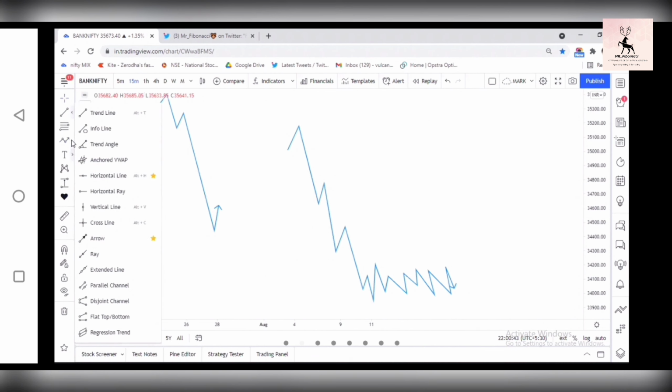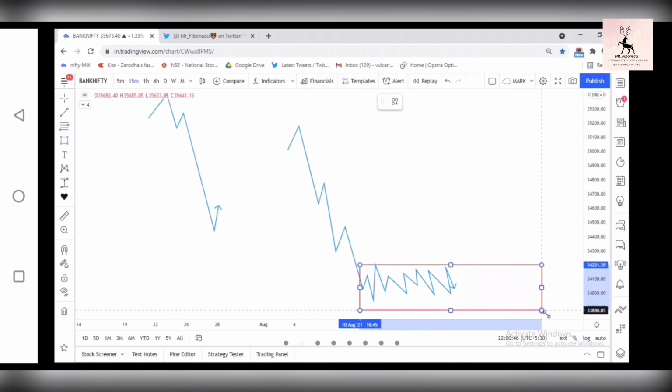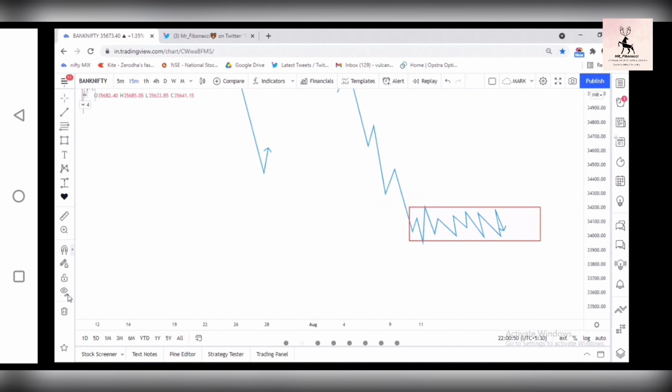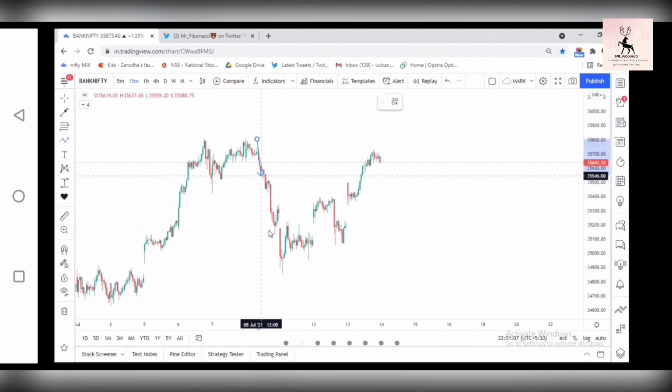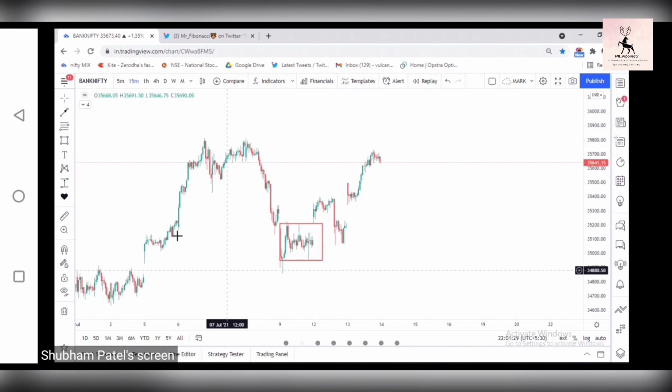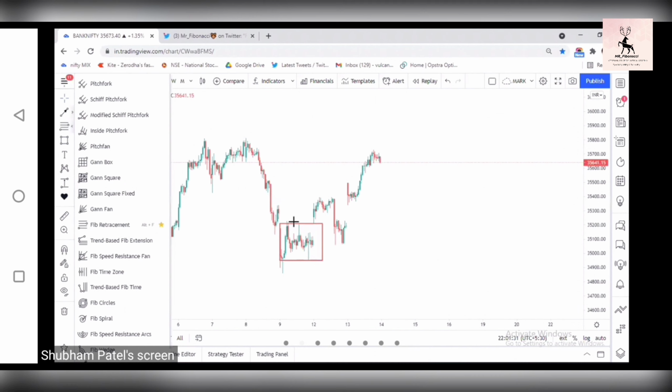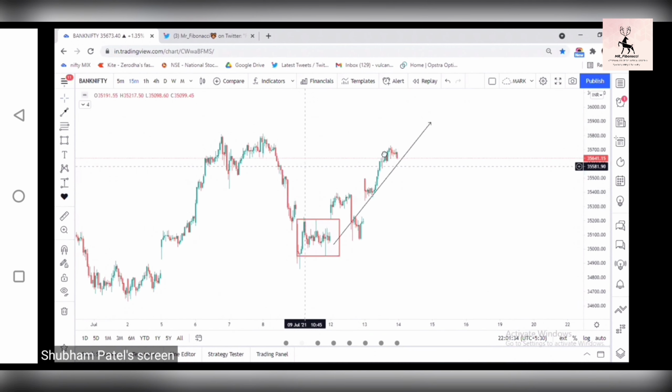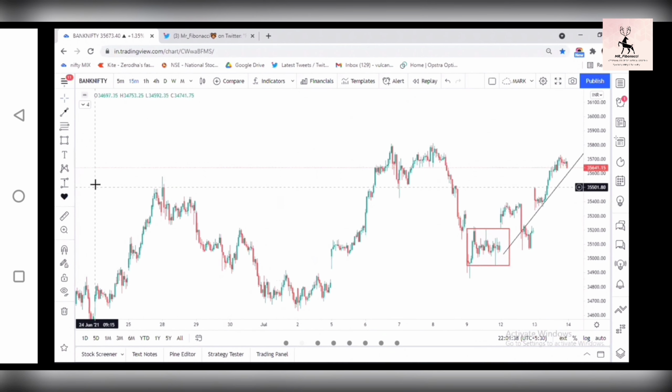Now see, this area is my accumulation. Now try to see in the market what happened there. The market was falling from the upside, and after going down a little bit there was an accumulation where buyers absorbed the selling pressure, and after that they pushed the market upside.